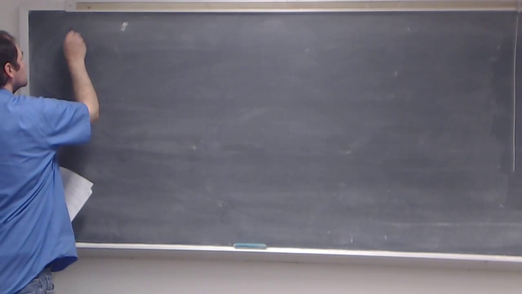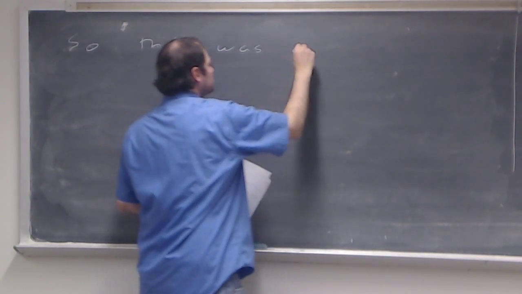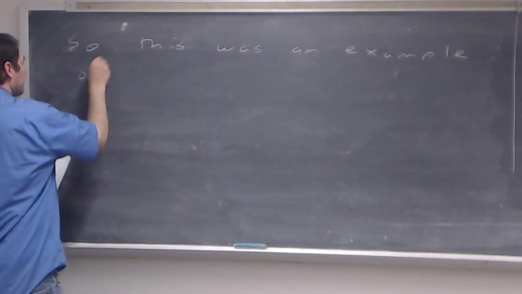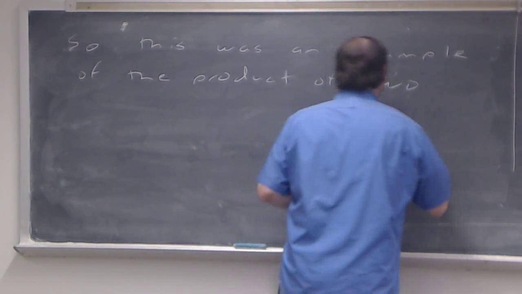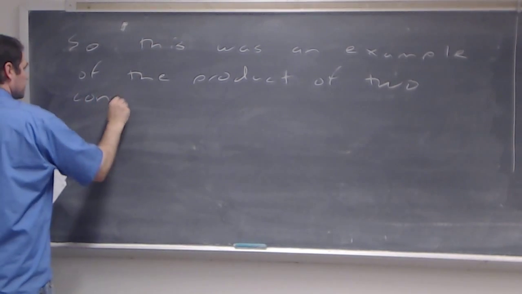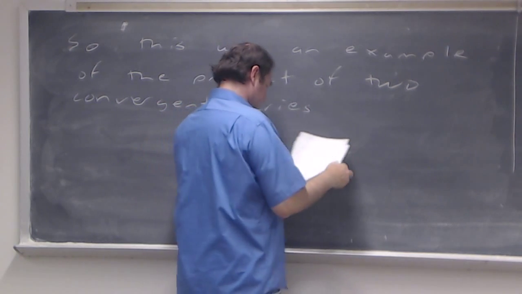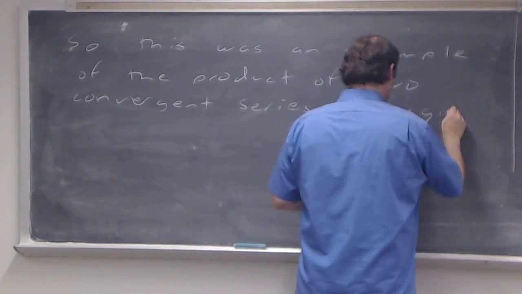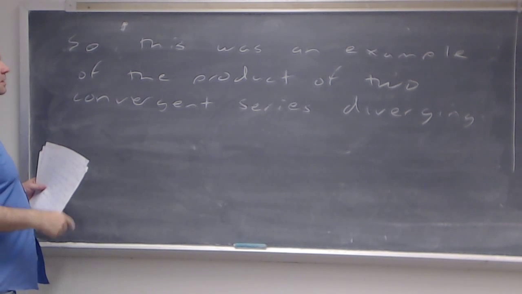What we just observed: this was an example of the product of two convergent series that diverges.